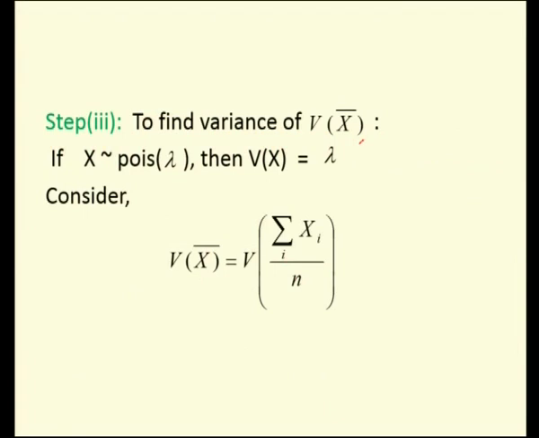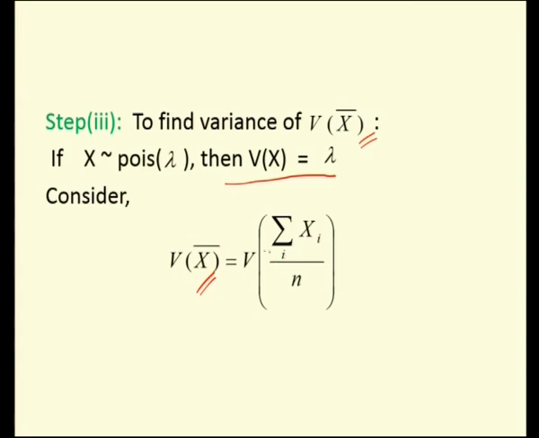So, next let us go to step 3. We have to find the variance of x bar. If x follows Poisson with parameter lambda, you know that variance of x is lambda. Now, I want to find what is the variance of x bar. X bar, I have said, you can write as 1 by n summation of xi.